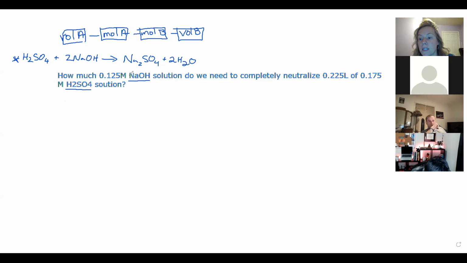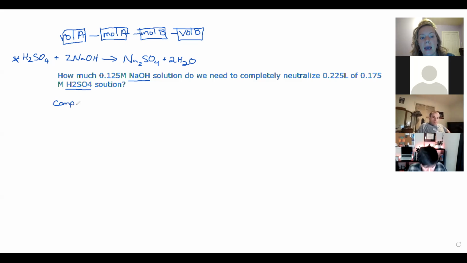Those are two different materials. That means we need to transition from one compound to another, and the only way to do that is through stoichiometry. So what I like to do is first determine, because we've got this whole flow chart of volume A and volume B, what is compound A and what is compound B.